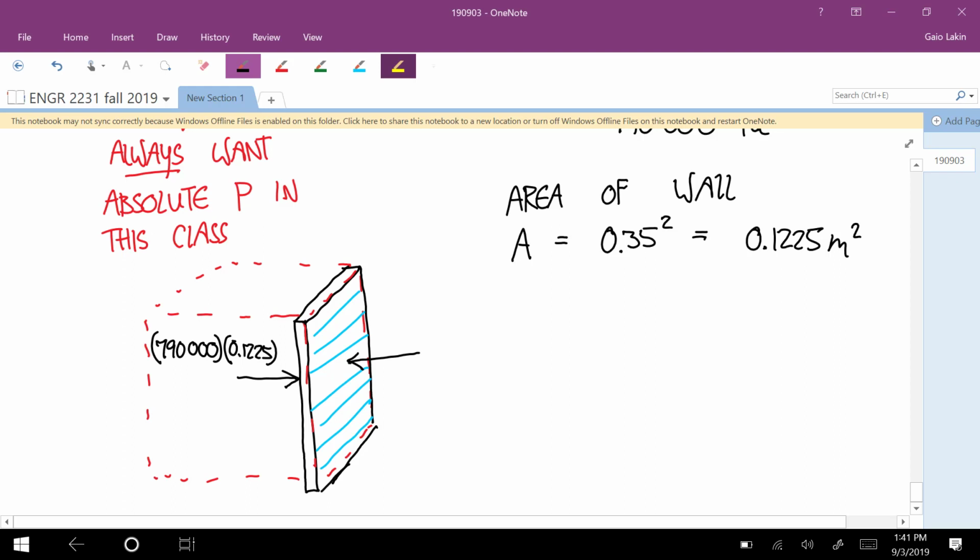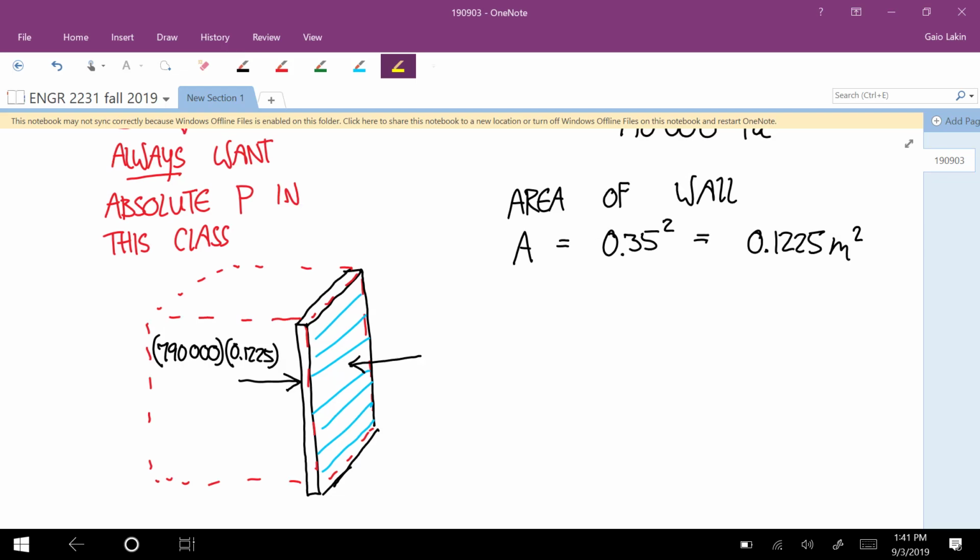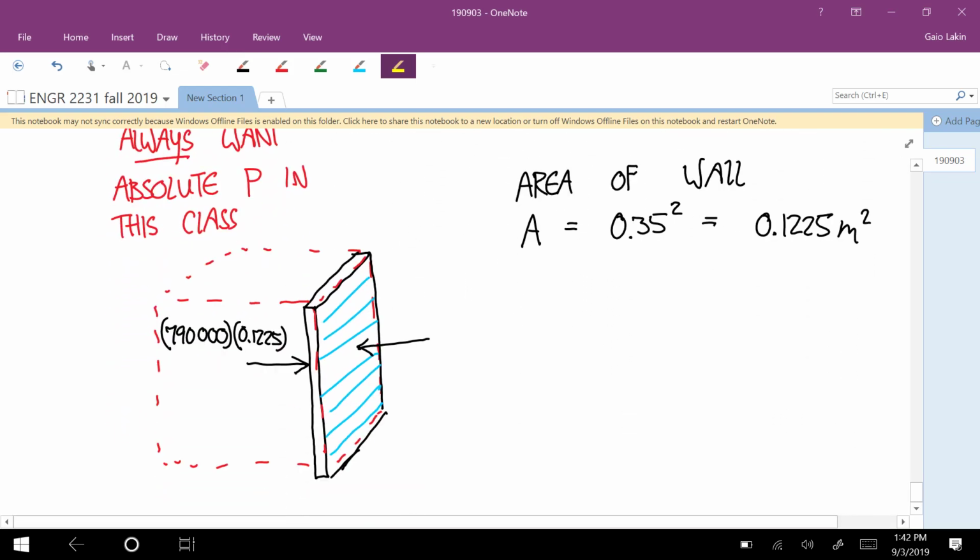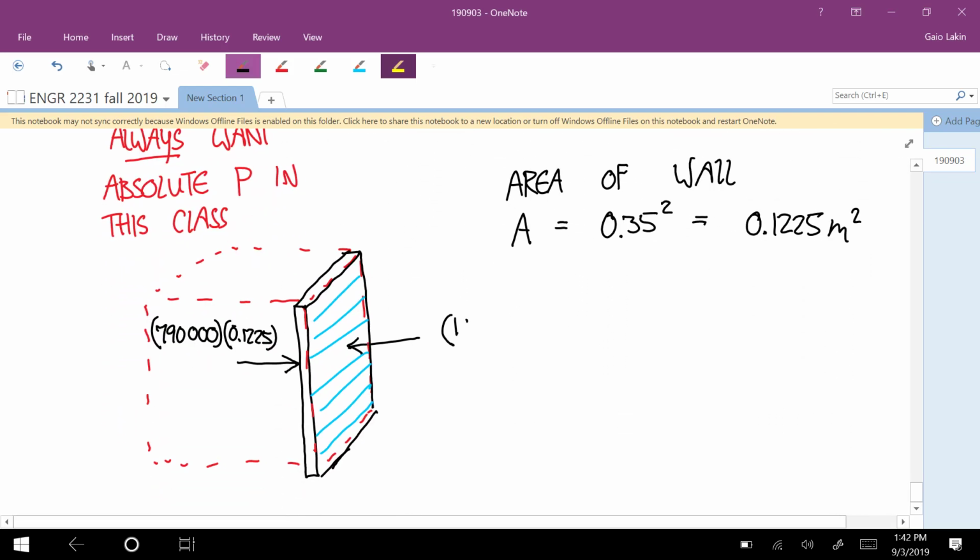And how do we calculate the force coming from the atmosphere side? Atmospheric pressure times that same area, yep. The atmospheric pressure is 101,000 times that area, 0.1225.